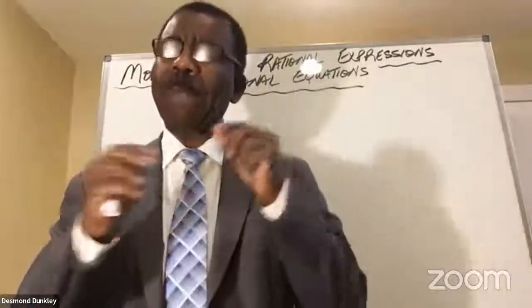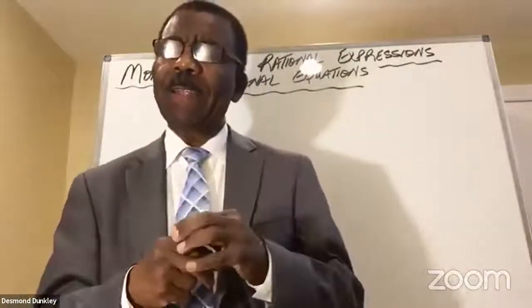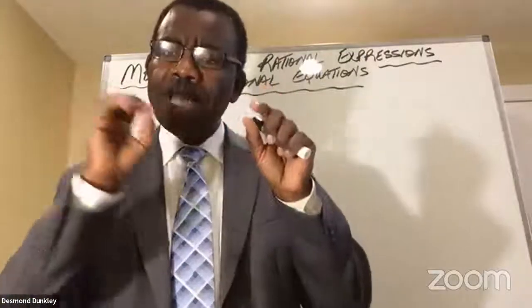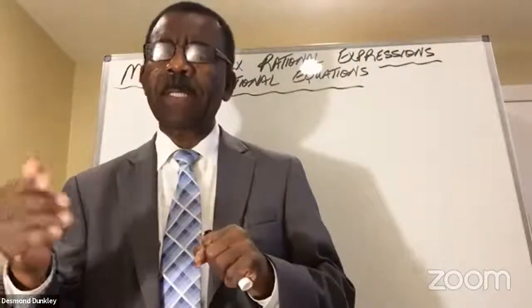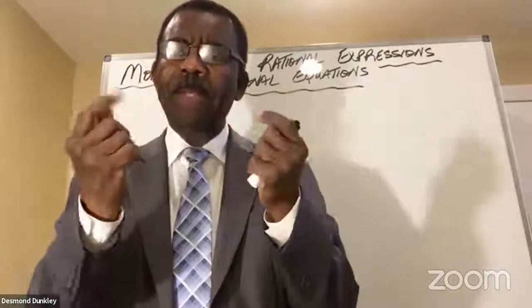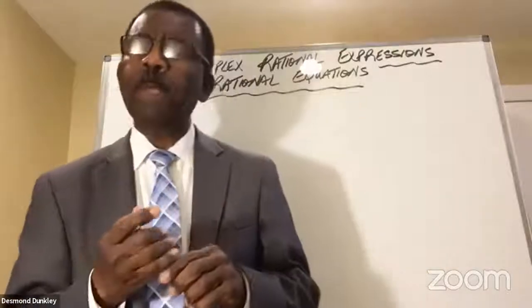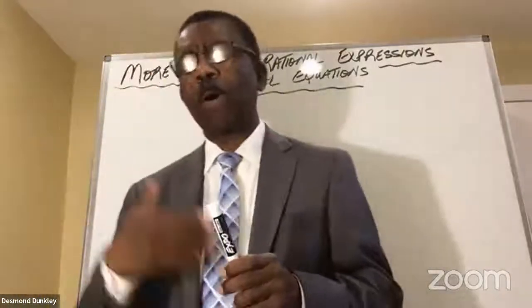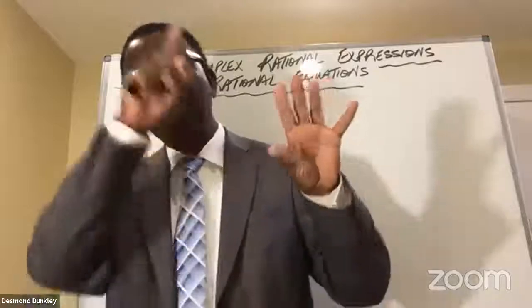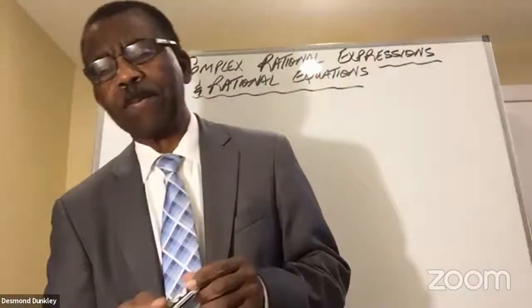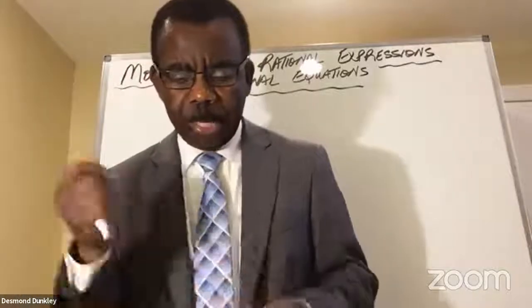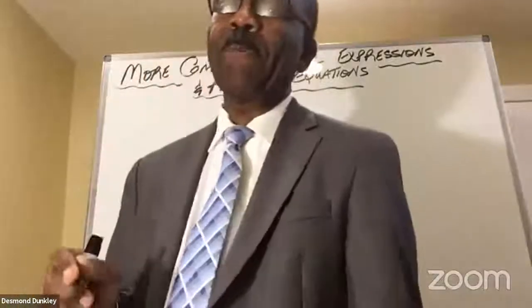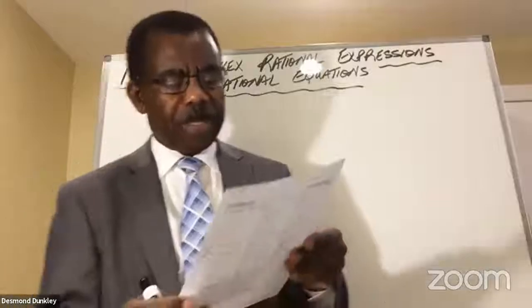Initially it might look very ugly, but after you apply the same principles step by step in a systematic way, the whole thing comes together beautifully. Hopefully by the end of this session, you'll be more comfortable with these ugly looking rational expressions and with solving these rational equations. Let me remind us of some of the things that we have done.